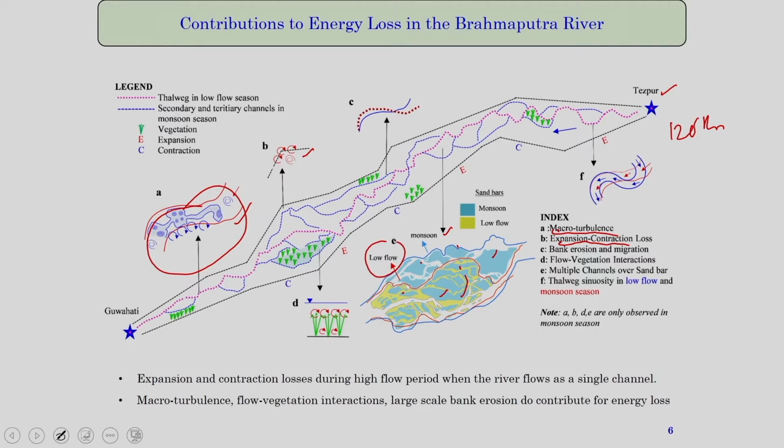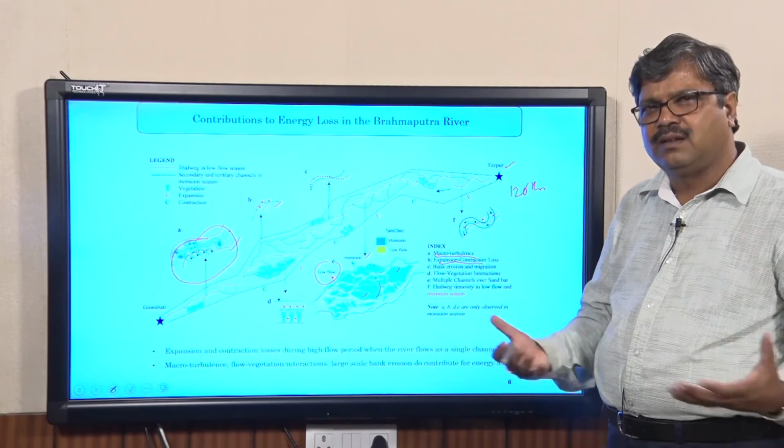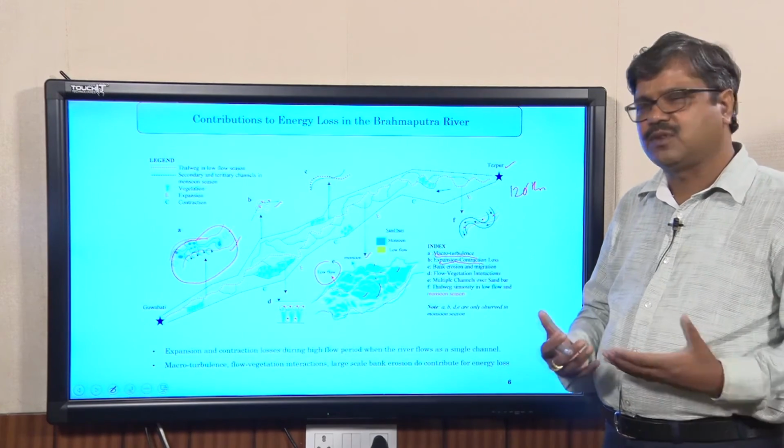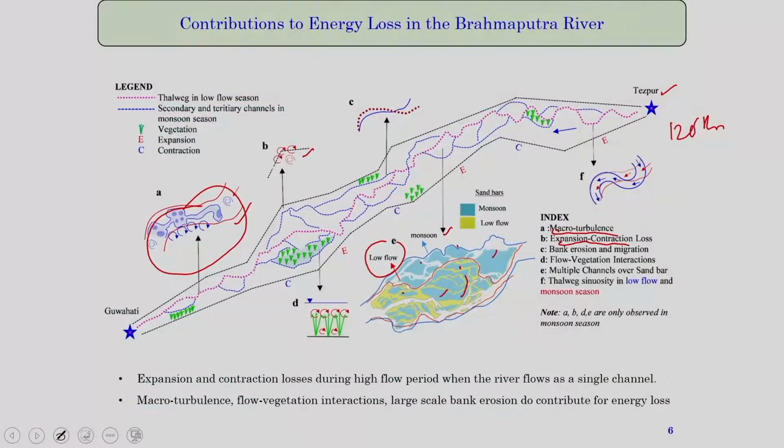Not only that, when you have a very large river belt, you can have the presence of vegetation, certain types of grasses, certain types of scrublands or forest. Those vegetations also interact with the hydrodynamics, so you can have energy losses due to flow-vegetation interactions.